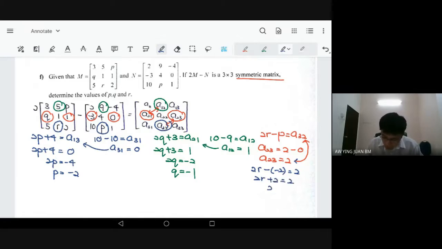Then 2R is equal to 0, R is equal to 0. So from here, we have already found P, which is negative 2, Q, which is equal to negative 1, and R, which is equal to 0. So that is the process of how we relate the types of matrices and also the operations in matrices.